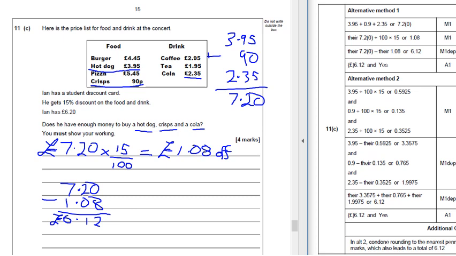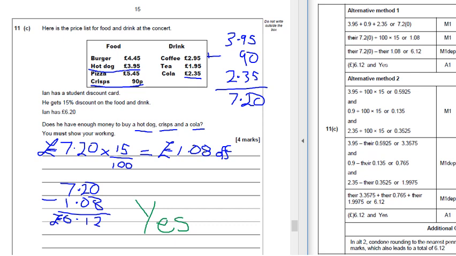I've just typed in 1.8 instead of 1.08, so that meant I was taking 80 pence off instead of 88 pence. So that's an example of why not trusting the calculator is good. Now I must remember to say yes. If I forget, I would have lost a mark.